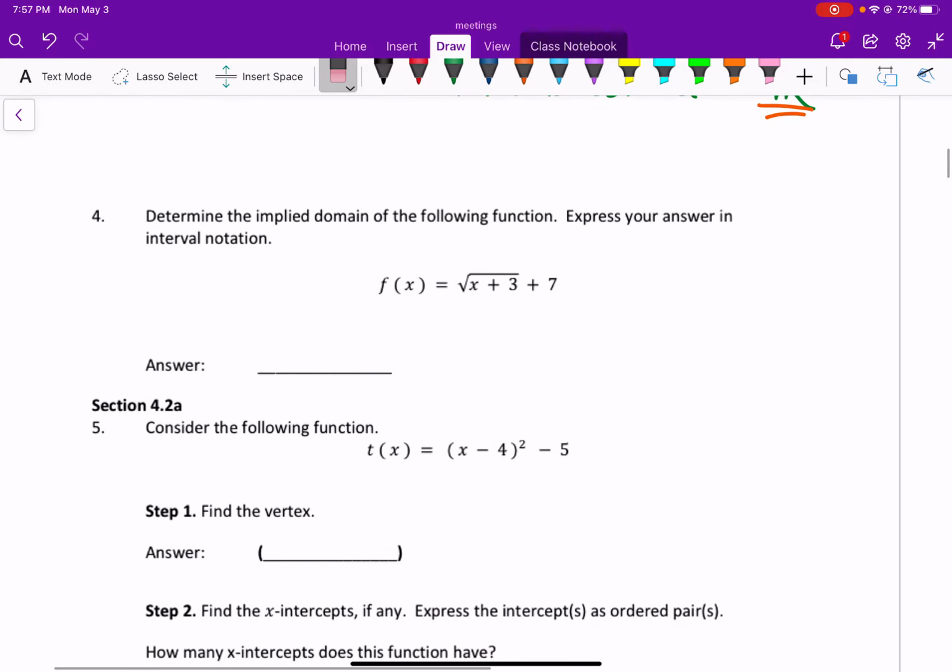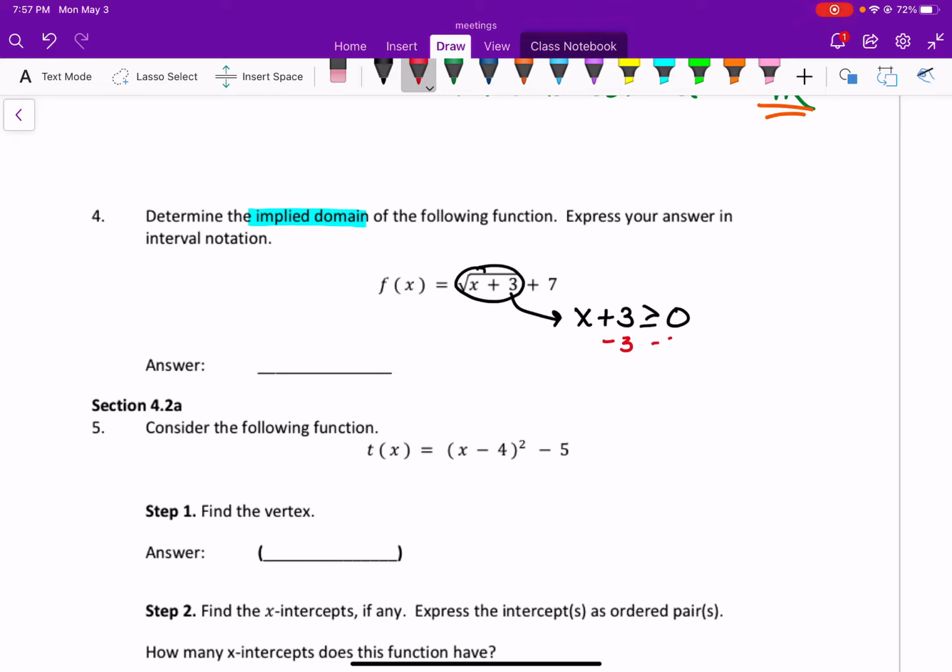So number 4 is asking the exact same question. It wants the implied domain of the function f of x equal to the square root of x plus 3, plus 7. So remember, when we're doing this, we only care about the underneath. So we only care about this guy right here. So we're going to take that, x plus 3, set it greater than or equal to 0.